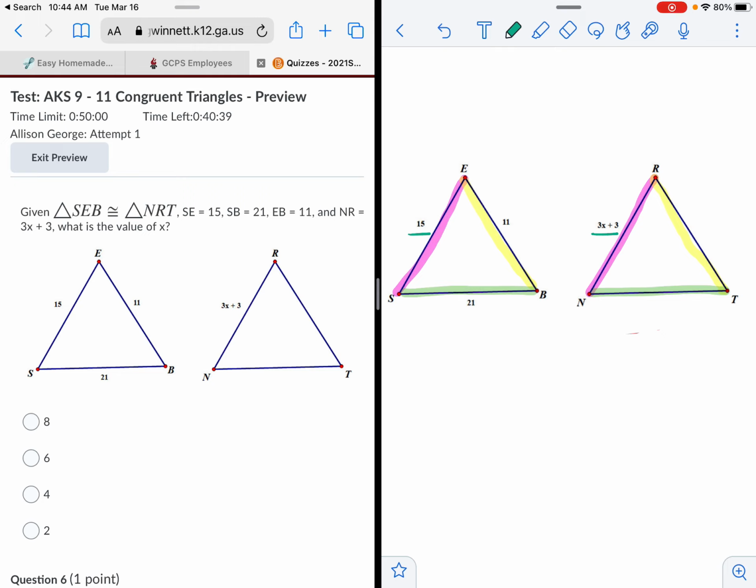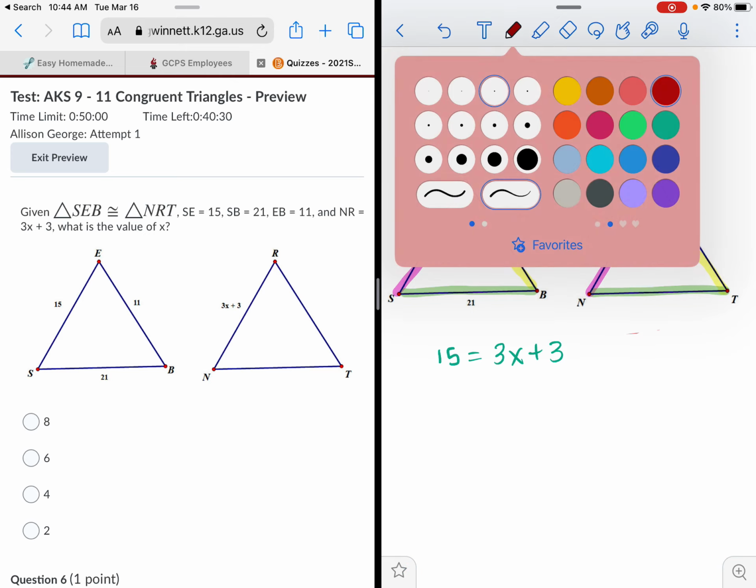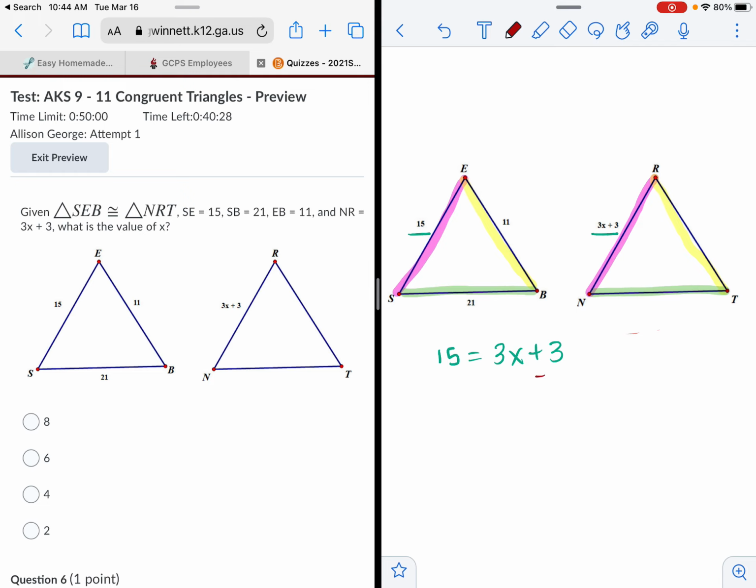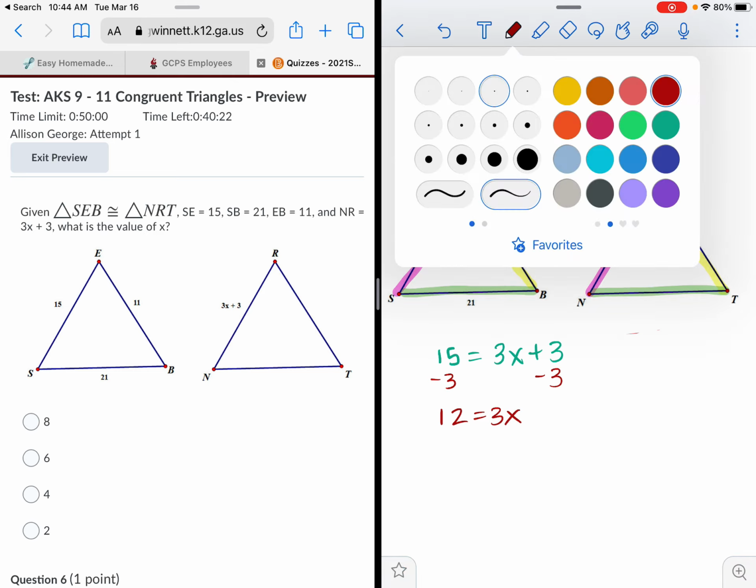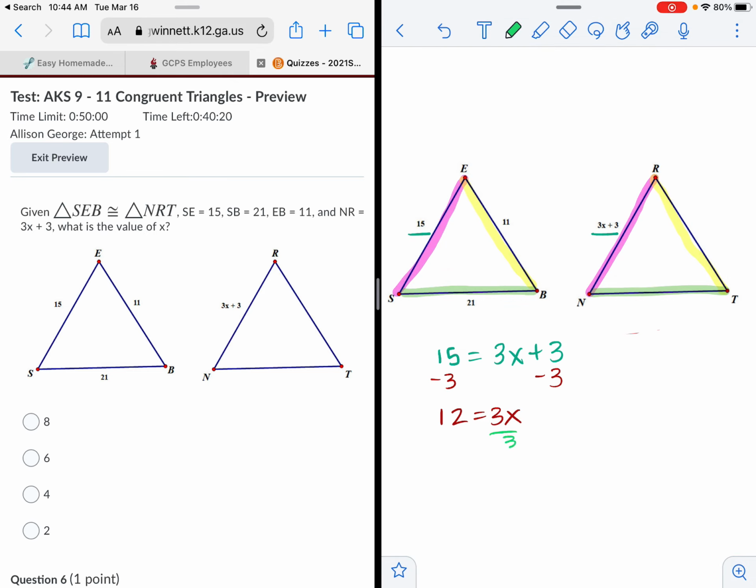And so I can actually set up an equation here by setting them equal since they are congruent. And now this will allow me to solve for x. So I'm going to go ahead and subtract 3 from both sides. I get 12 equals 3x. Next, I will divide both sides by 3, and 4 equals x. So there's our answer for that one.